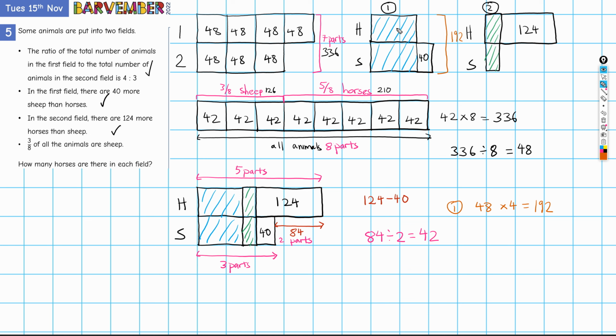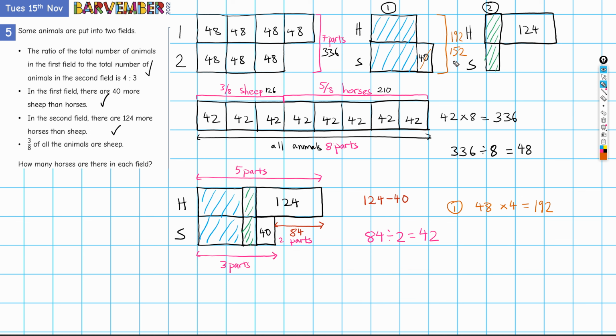Now, if we want to work out the value of these 2 equal parts, we need to eliminate the 40 from here. And so if we take 40 away from 192, we are going to be left with 152, and that's the value of these 2 parts.